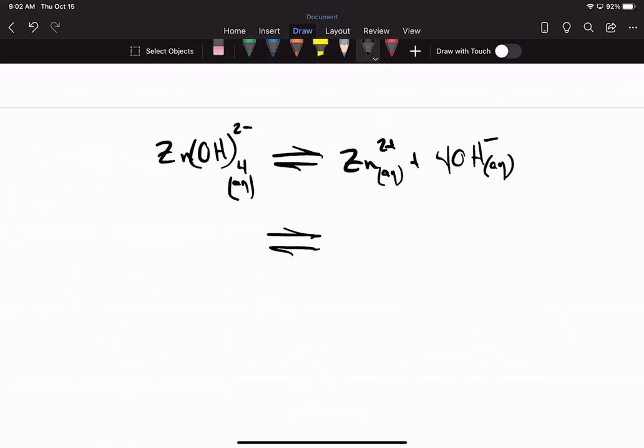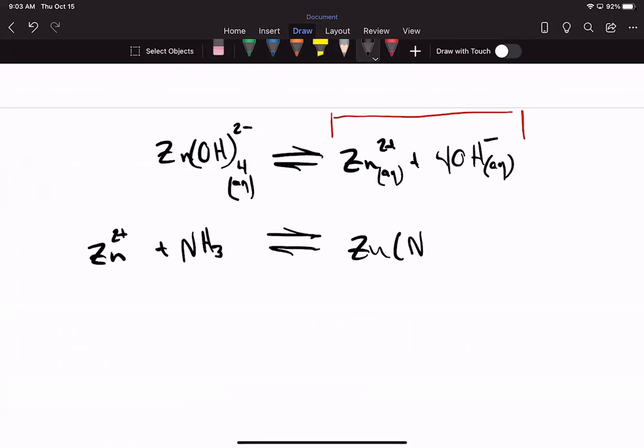If we enter another base in here, because this is now in solution, if I were to add a new base into that solution, we got 2 plus here, and we can use that to get a new adduct here. And we're going to have some zinc NH3. We should have excess though. We're going to consider this a saturated solution.